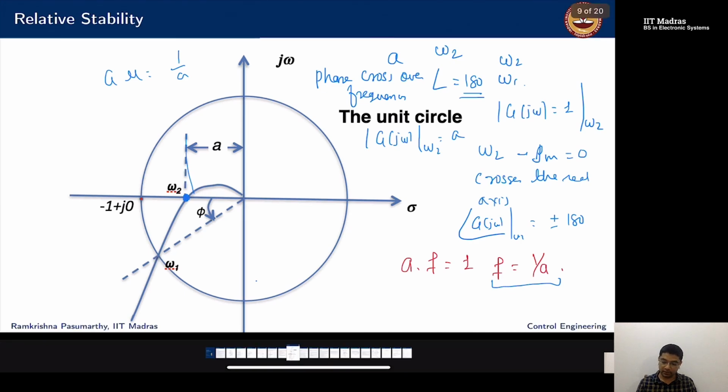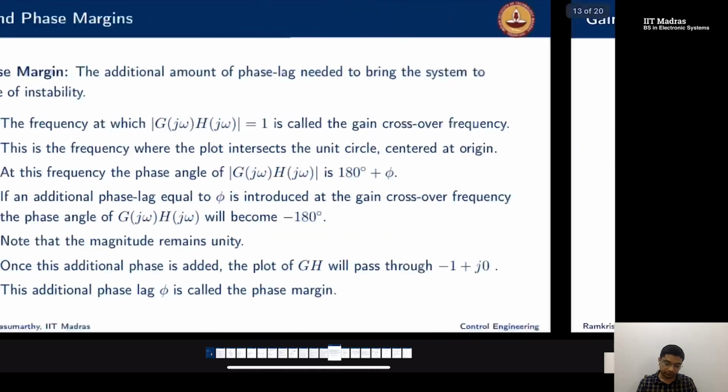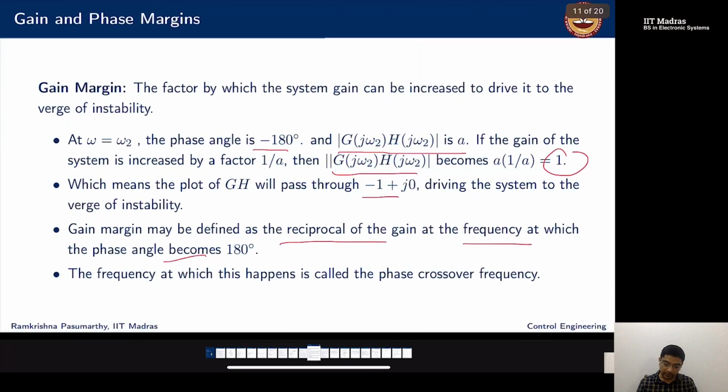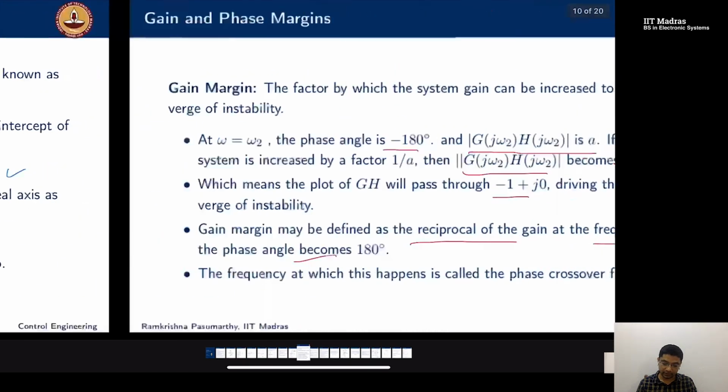Okay, nice. So what else? The phase crossover frequency, we just discussed this. Phase margin. It is the additional amount of phase lag needed to bring the system to the verge of instability.